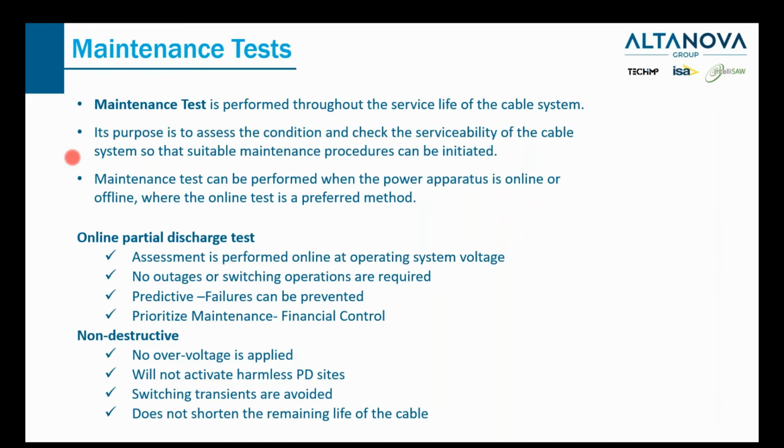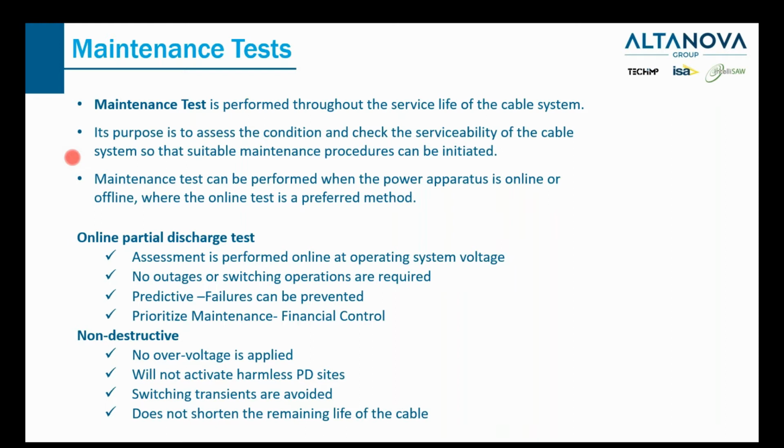So the maintenance test, in general, we can split into the online and offline test. And the offline test is very similar to the commissioning test. The difference between the maintenance test and the commissioning test, if we're talking about offline, is the testing voltage. So if we're using cable as an example, for medium voltage cables, in the commissioning test, maybe the testing voltage can be 2 to 3 times the operating voltage.